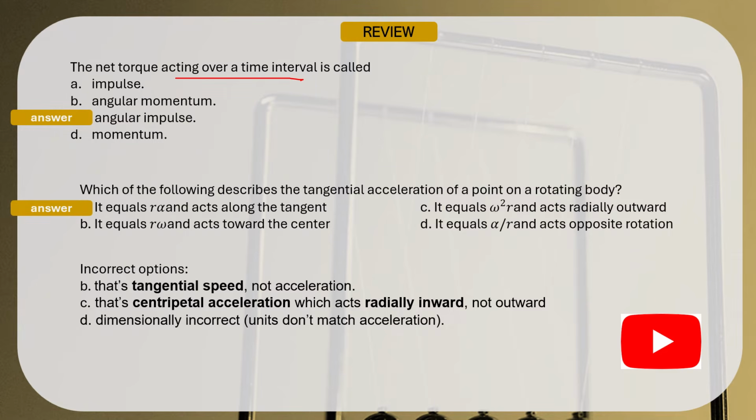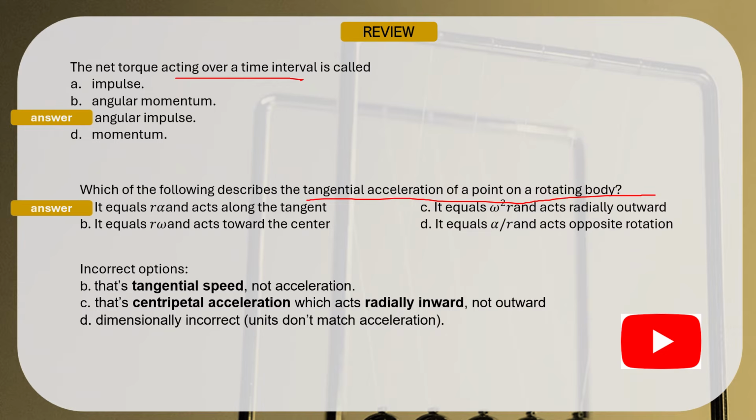B is incorrect because that's the tangential speed, and the question asks for the best option that describes the tangential acceleration of a point on a rotating body. C is the centripetal acceleration, which acts radially inward and not outward.